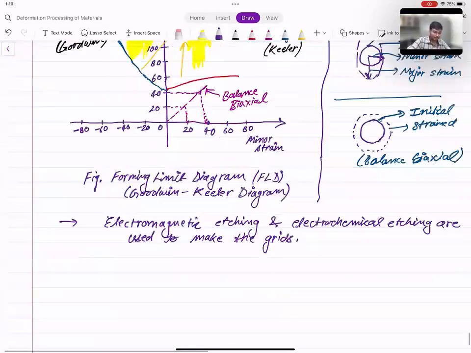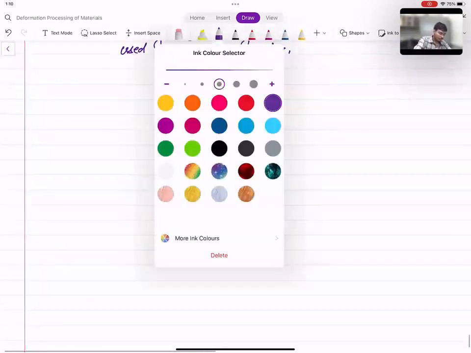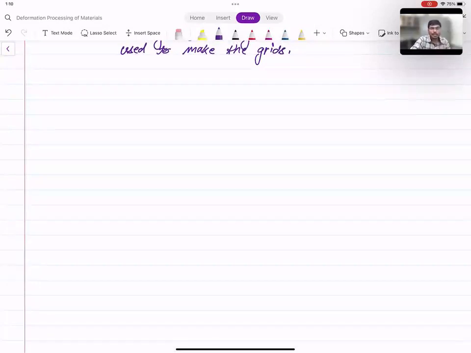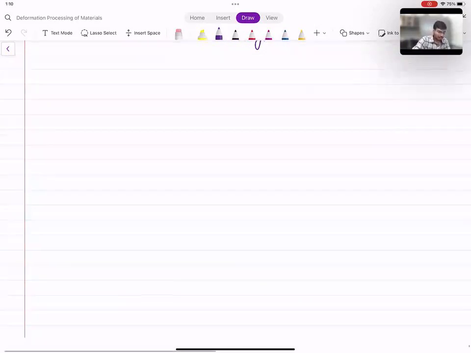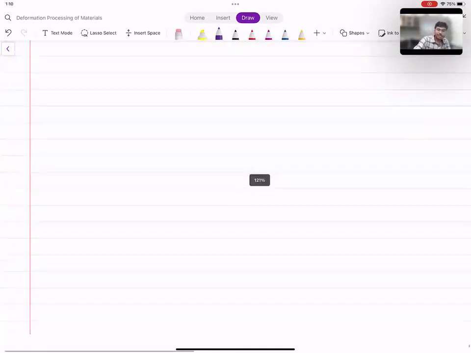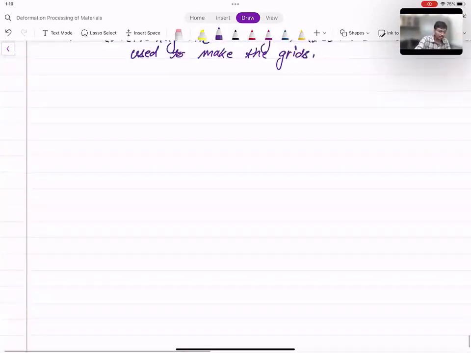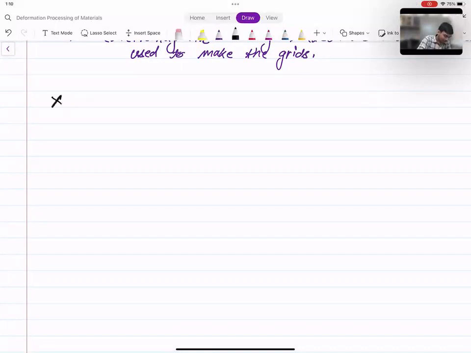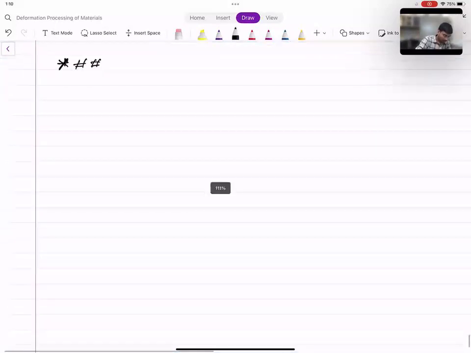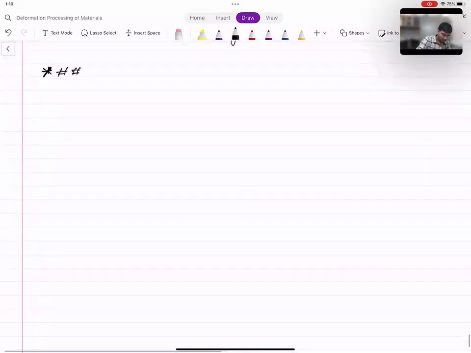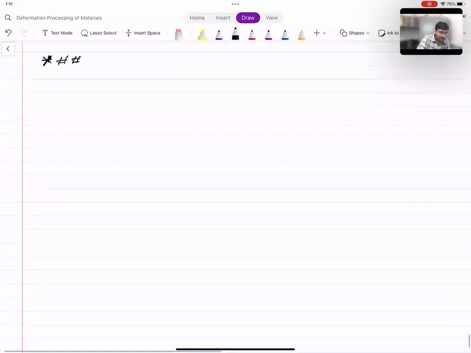So we will now start with the wire drawing or bar drawing process, which is also a metal forming process used for forming sections like rods, bars, and wires, etc. So let me change the ink color. So we will now see the wire drawing or bar drawing operation.